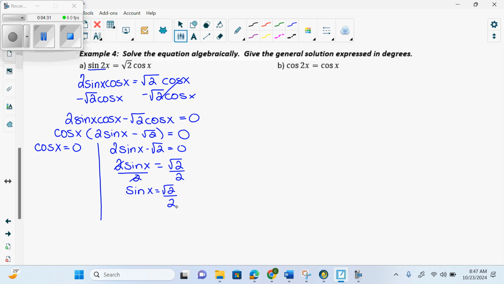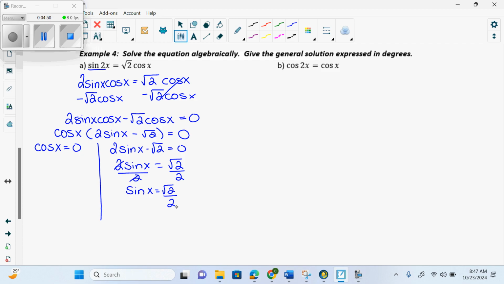Where are those solutions on the unit circle? Go look at your unit circle. Your unit circle needs to be up. Yeah, sometimes you can put them together.